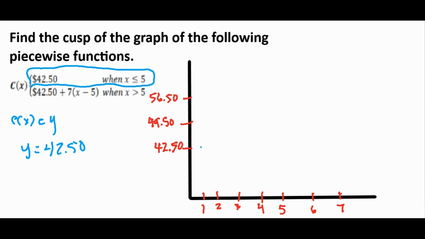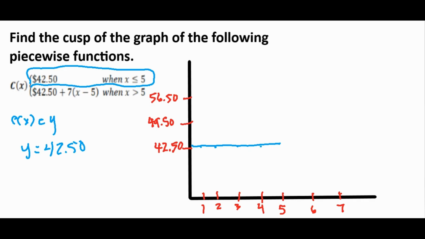So y is always going to be $42.50 for at least the first 5 amounts, so 3, 4, 5, all the way up to here. This is going to be the same cost all the way, right? But then it changes.